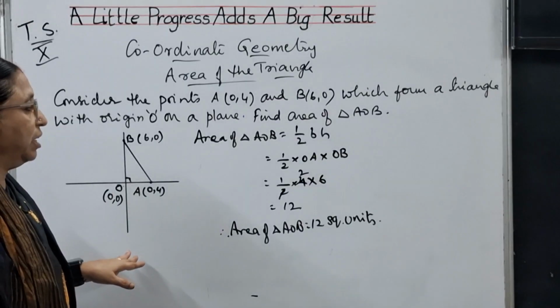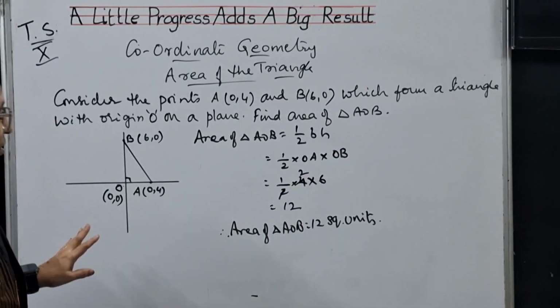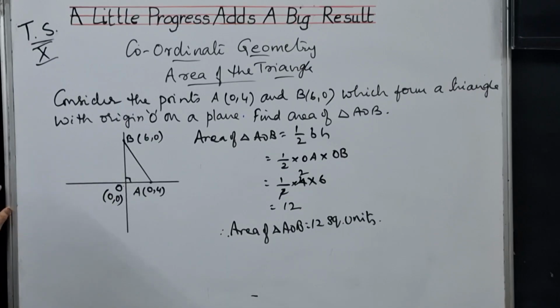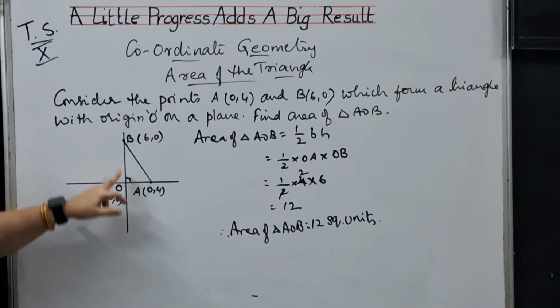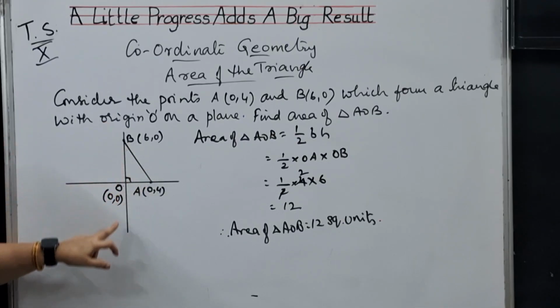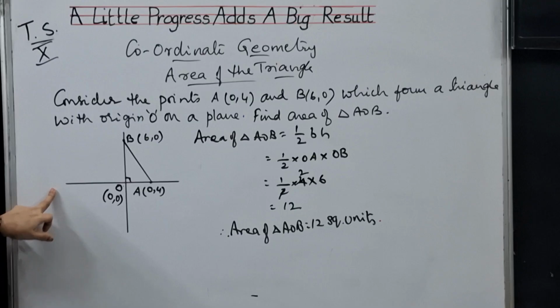There is a derivation I will teach you. First you identify this, copy it, understand that when you are asked to find the area of a triangle formed with the coordinate axes, with O as one of the points at origin, then we have to draw the figure and mark the points like this, and directly the half base into height formula we can use.